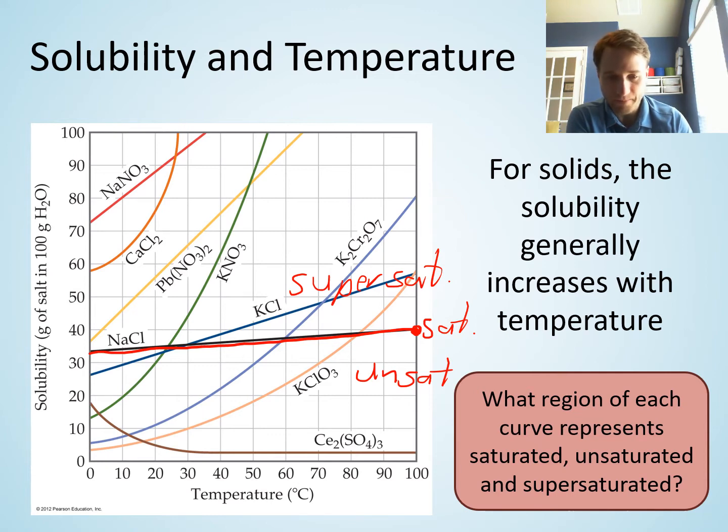If you do it very slowly and carefully, everything that's been dissolved will stay dissolved and you'll form a supersaturated solution, but it will not be very stable. If you perturb this solution, it can crash out a bunch of solid salt until you reach a saturated solution again.